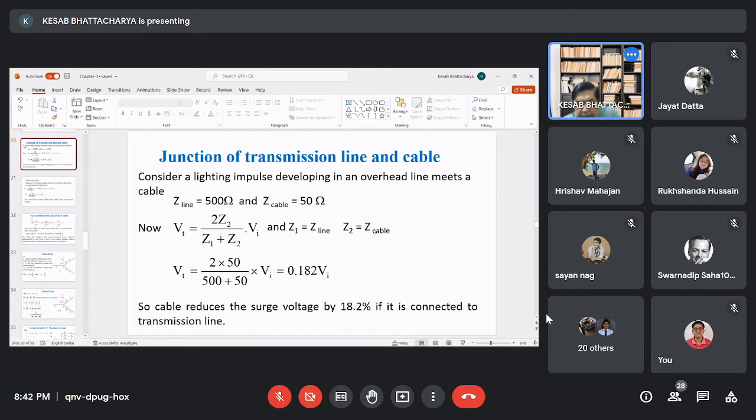We have assumed that the lightning impulse is developing in the line and ultimately enters the cable. Therefore, the transmitted voltage will be 18.2% of incident voltage. Therefore, it is seen that the cable reduces the surge voltage by 18.2% if it is connected to a transmission line. That is our observation.